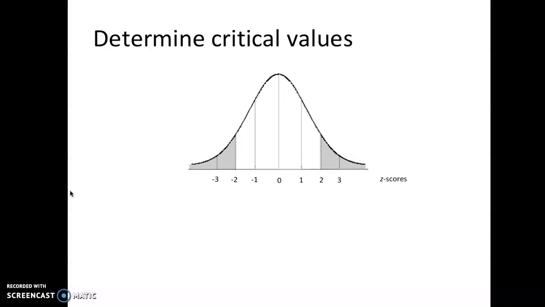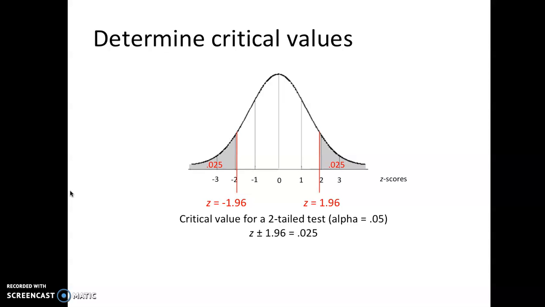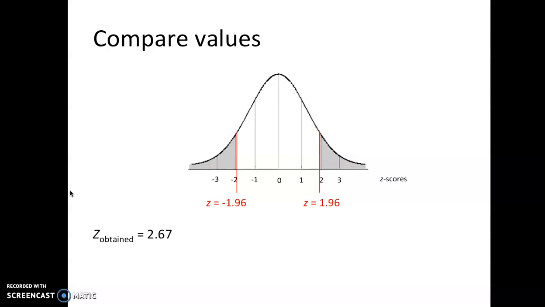For a two-tailed test, we look at both sides of the normal distribution. So our z critical values are going to be positive 1.96 and negative 1.96 when we keep our alpha at 0.05. Once we have our critical values, we can compare them to our obtained value, which you'll remember is 2.67.